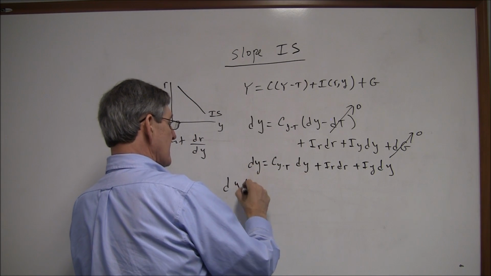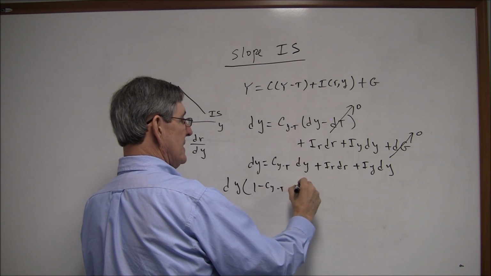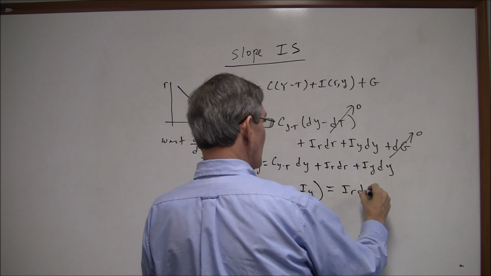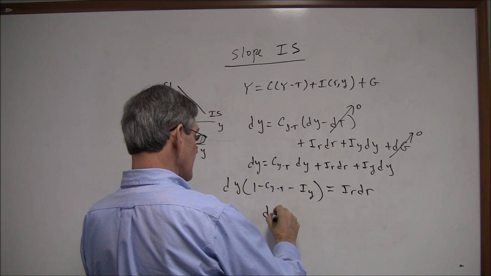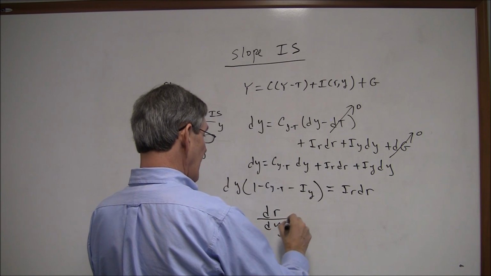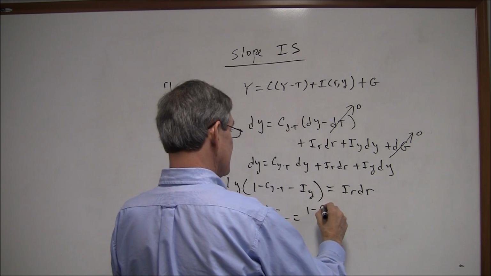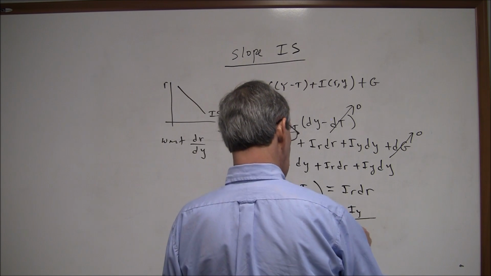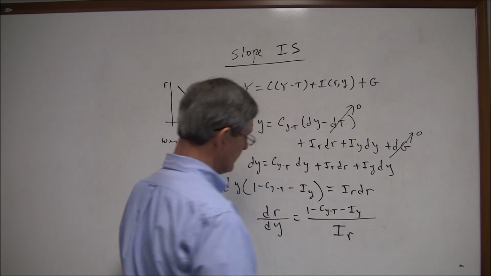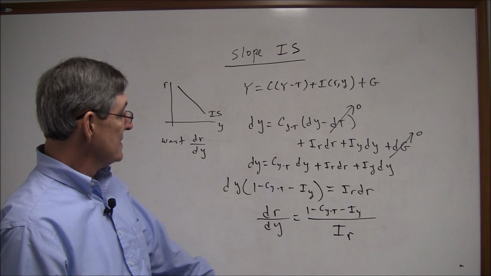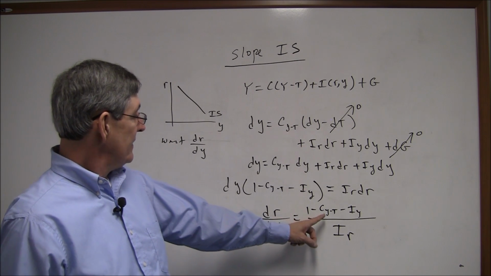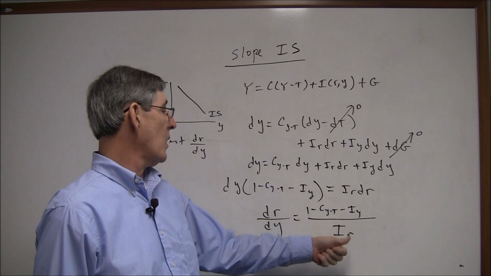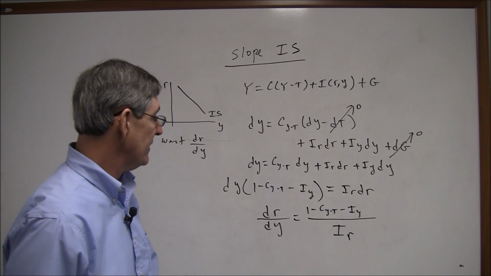So dY times 1 minus C of Y minus T minus I of Y equals I of R dR. So now we have our answer. dR/dY is 1 minus C of Y minus T minus I of Y, over I of R. So that's the slope. So you can see that if consumption goes up, this will be a smaller number. It'll get flatter. If I of Y goes up, same thing. This will be flatter.